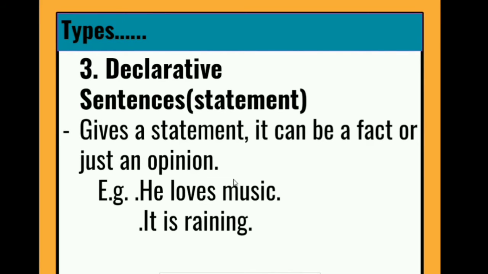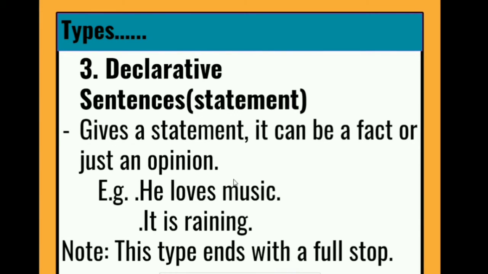Another example, it is raining. Also this one shows just a statement and it gives a fact. Maybe it's raining out there. So to note about this type, they do end with a full stop. So declarative sentences do end with a full stop.